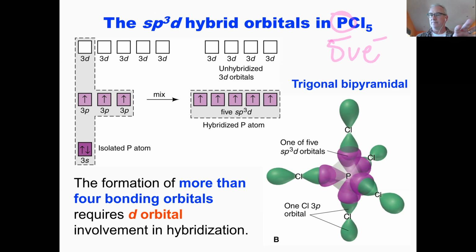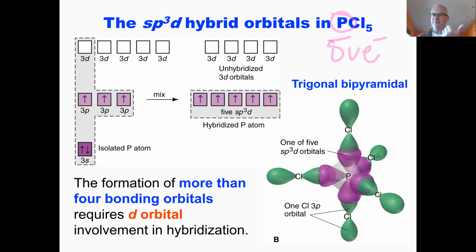This is why. When we say it can put electrons in d orbitals, what we actually mean is it can take d orbitals and hybridize them with the others. So with 5 bonds, we need 5 regions of electron density.